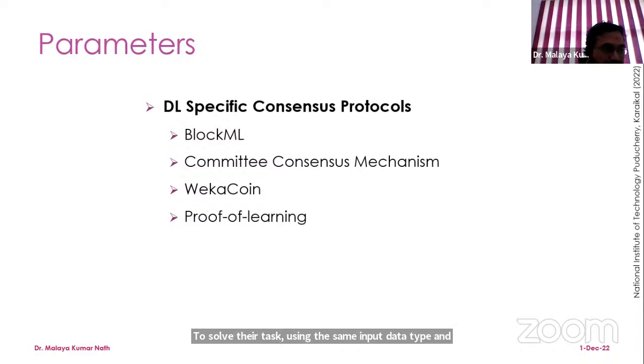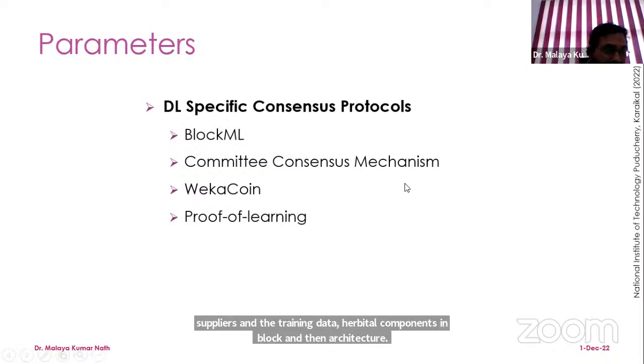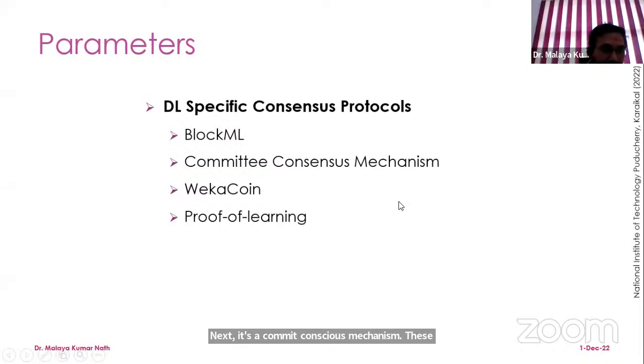The suppliers and the training data are vital components in the BlockML architecture. Next is the commit consensus mechanism. This consensus algorithm updates the global model using federated or joint learning based approaches. It updates the model locally and then adds it into the blockchain.